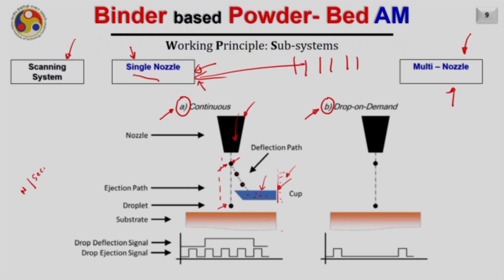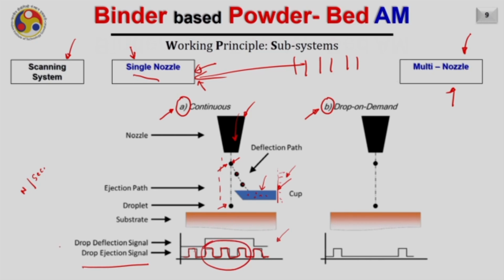So how it works, you can see here the signal diagram. The drop ejection signal is continuous. You can see that it is in pulses and it is continuously going at the same rate. So drops are coming at the same rate out of the nozzle. But you want to block a particular number of drops coming out of the nozzle.